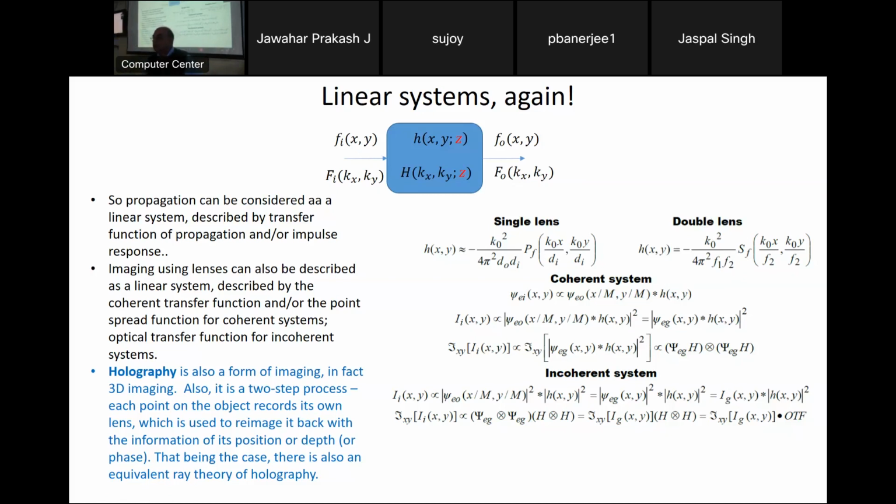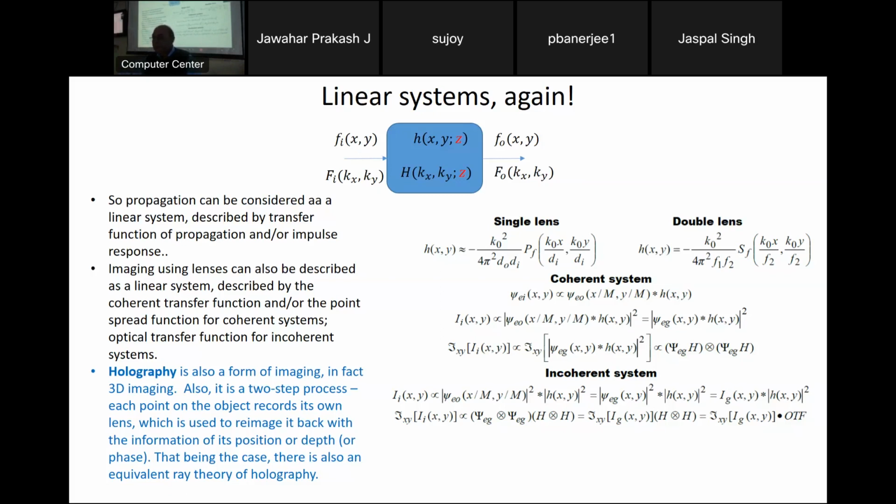So if you have an object at the front focal plane of the lens, simple ray algebra will tell you that there will be an image at the back focal plane of the second lens. But if you put a spatial filter, just like the pupil function for the single lens, on the common focal plane, then the output will be different.